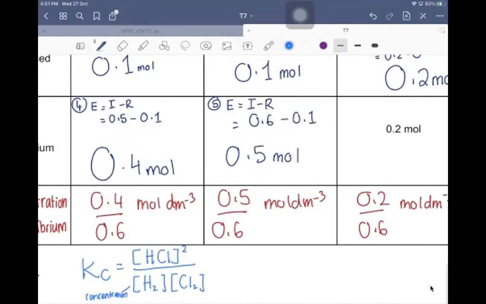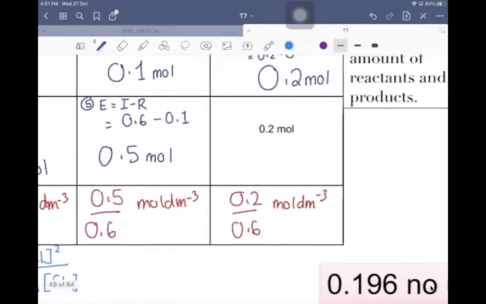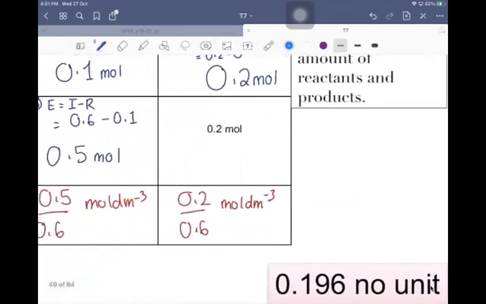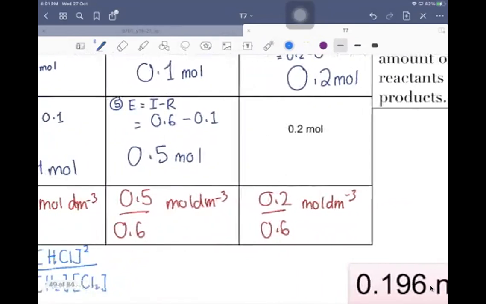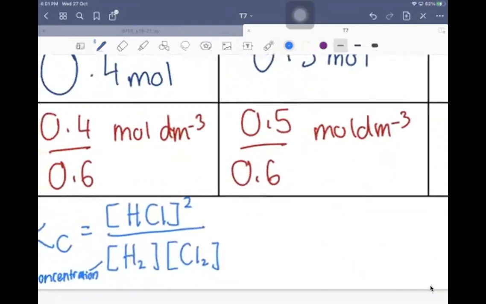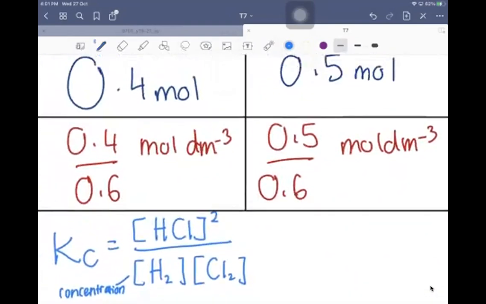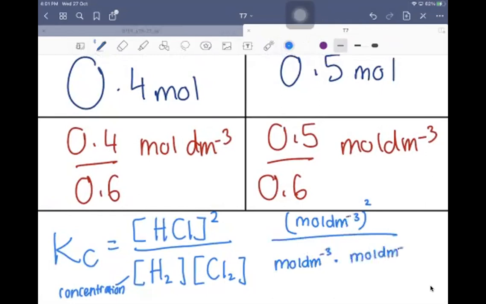Just sub in your number, check if using that expression can give you 0.196 as the answer. No unit, I'm going to show you how to get no unit. So top part, you've got mole per dm cube squared. Bottom part, mole per dm cube times mole per dm cube, so that is essentially squared as well.